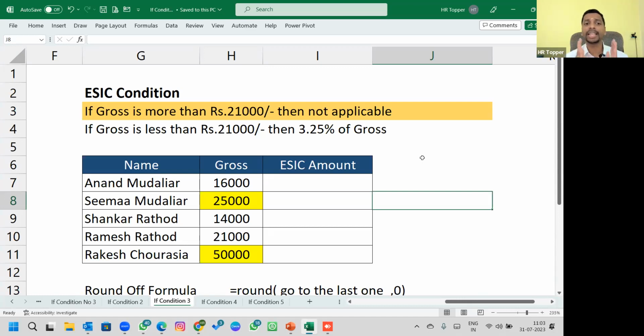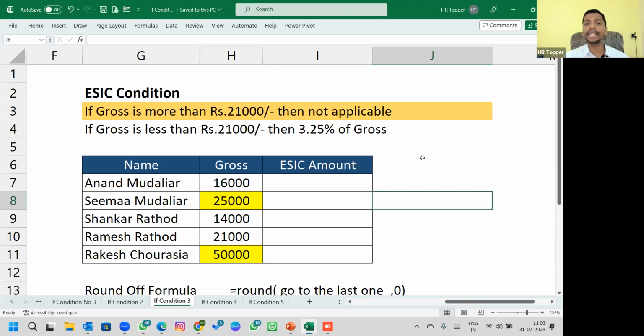Now, here is a condition: ESIC. I hope everyone knows that whoever joined an organization that has more than 20 employees working, they are eligible for the ESIC. Now, the condition is that if anyone's gross salary is more than 21,000, then ESIC is not applicable. That means do not deduct ESIC.